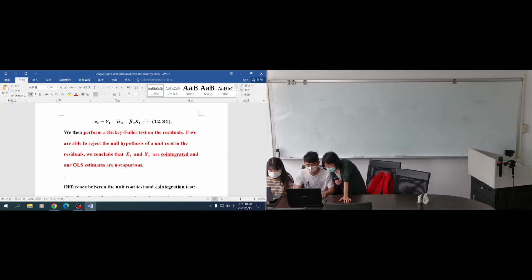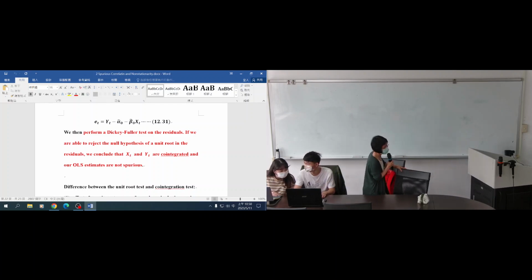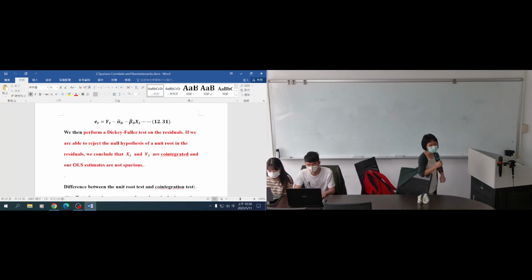Then 6. Okay, 12. Look at 12, since it is annual data. Look at this one. If you try lag 12, it passes the unit root test. Since this is annual data, we can try lag up to 12.